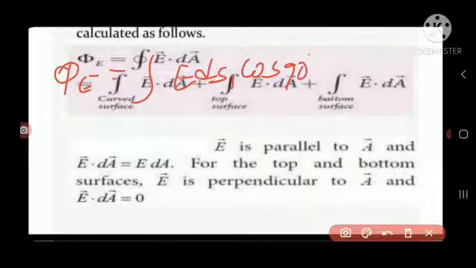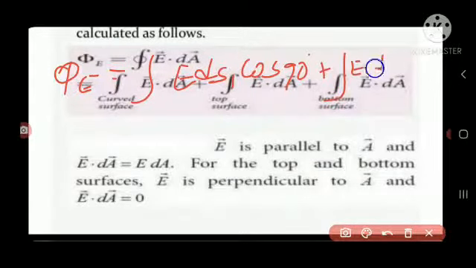Now, phi E is equal to the integral of E ds1 cos 90 degrees. I already told you the upper surface is acting perpendicular to the direction of the electric field.